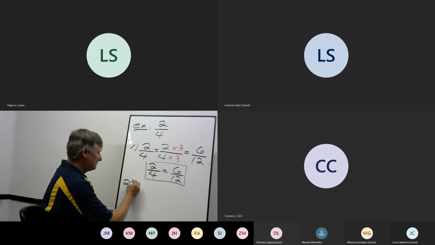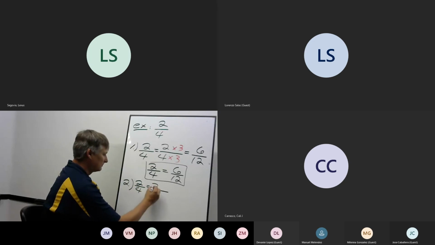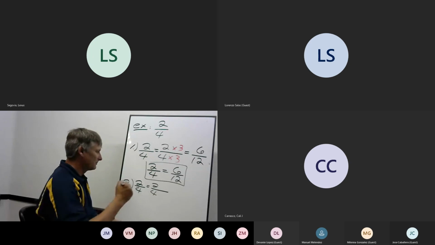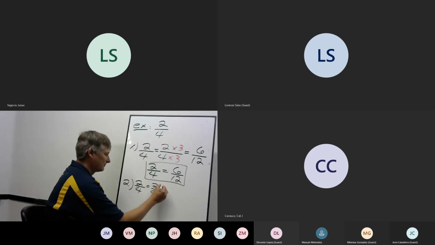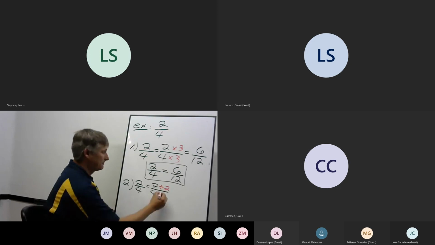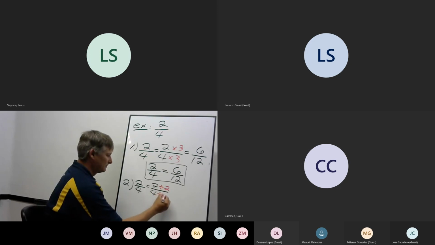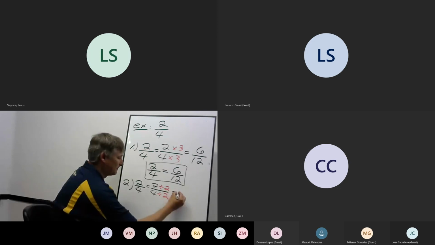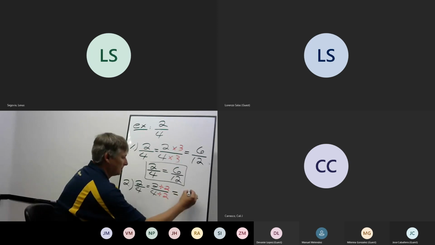Or we can divide. Let's divide top and bottom by 2. If we do that, we'll get 1 and 2.